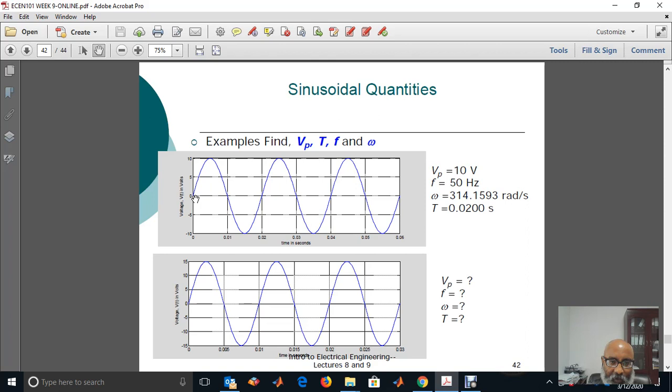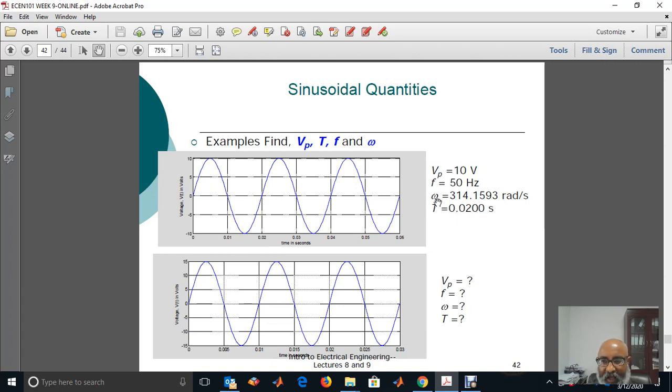We start from 0, go up to the peak value, which is 10, and come back to 0, go to the negative peak minus 10, and come back to 0, and then this will repeat itself. So from this diagram, the period is 0.02 second. That means the frequency is 1 over the period, 1 over 0.02, 50 hertz.